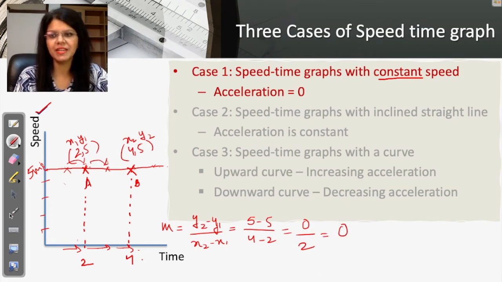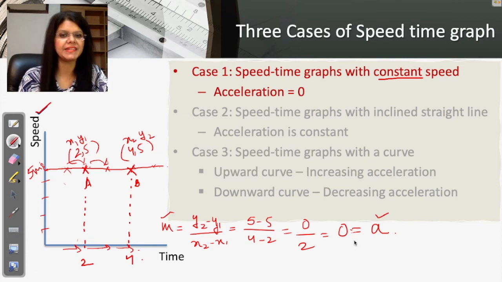The gradient is coming out to be 0. So what can you say about the acceleration? Acceleration is also 0. So this is the same as gradient. Acceleration and gradient are the same. Acceleration is 0.